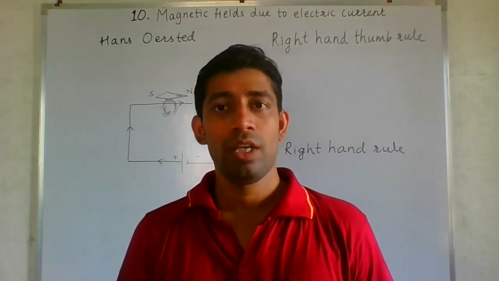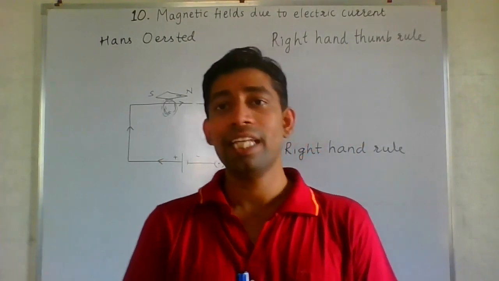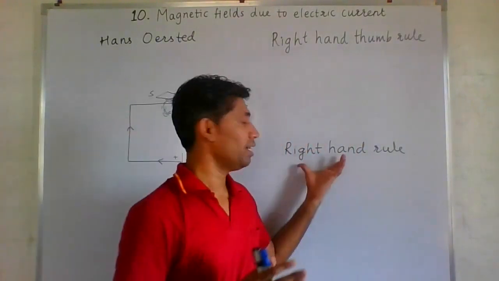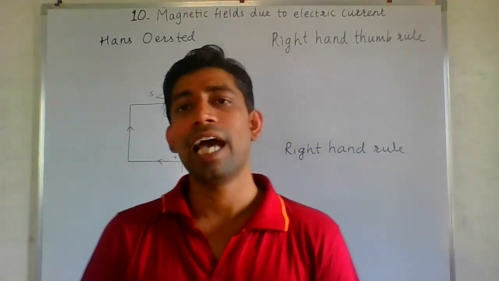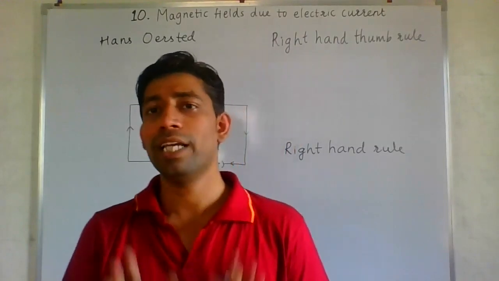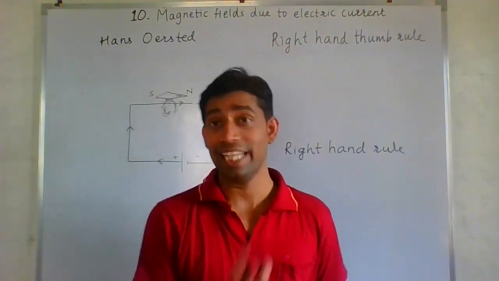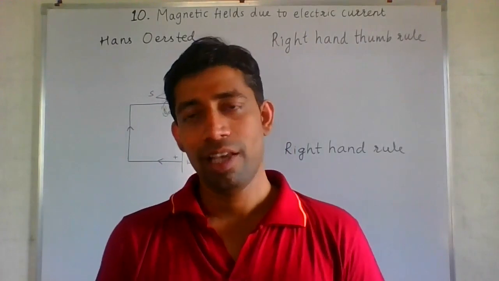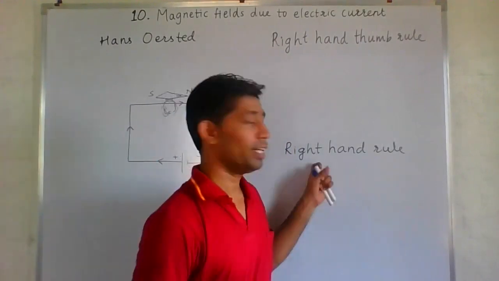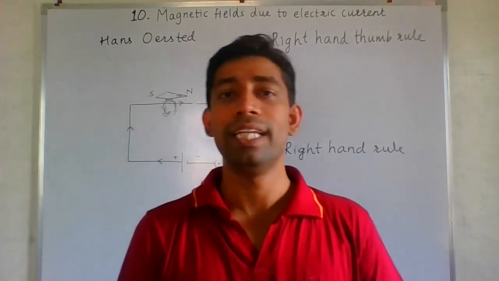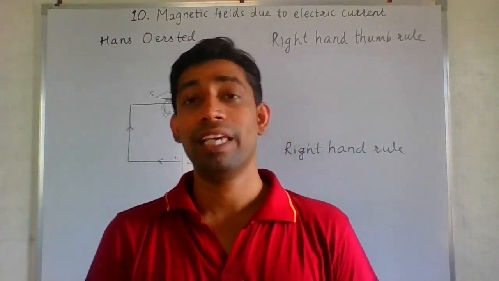The same concept you can apply with the help of the right hand rule. There are a few changes, I'll tell you what those changes are, but you will get the same answer. What do I mean by the answer? The directions will be the same, whether you apply Fleming's left hand rule in an electric motor or the right hand rule in an electric motor.